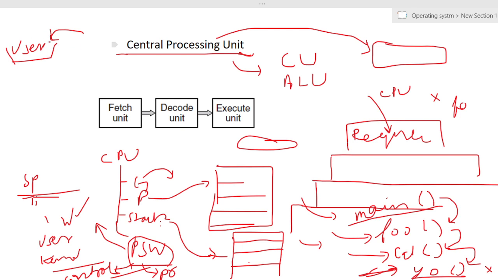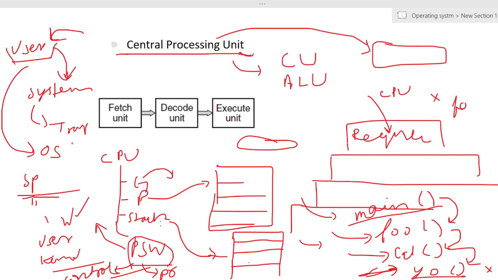Let us suppose that during its execution it requires some input output devices. So it will generate a system call, which will generate a trap, which will be handled by the operating system, and thereby control goes from user mode to kernel mode.